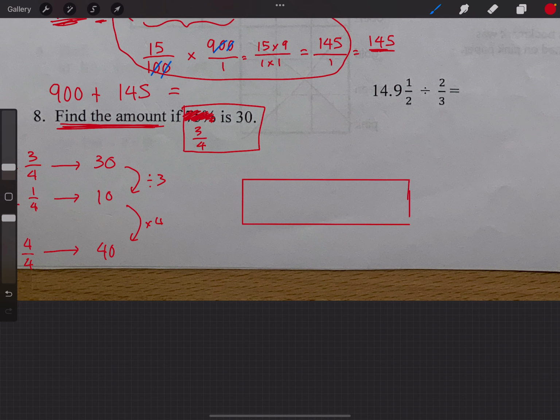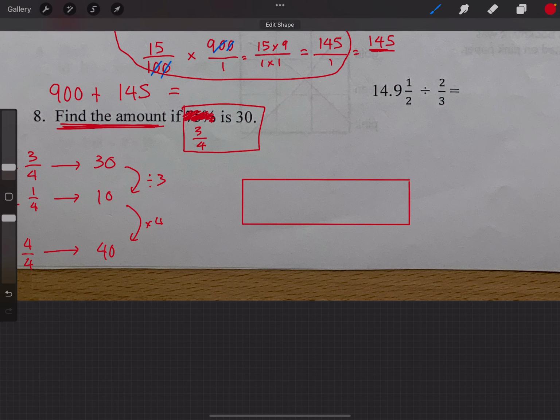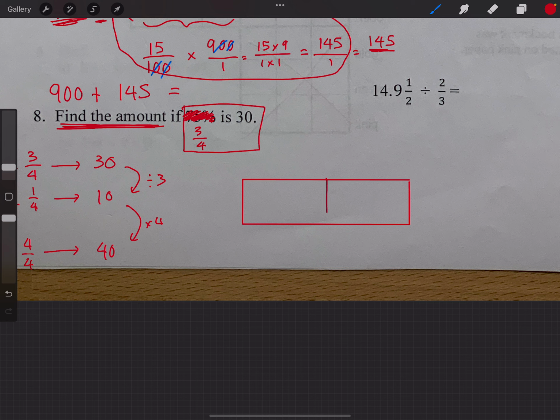Divide this into 4 pieces. The reason I divided it into 4 pieces is because we're dealing with quarters here. They say 3/4 is 30.